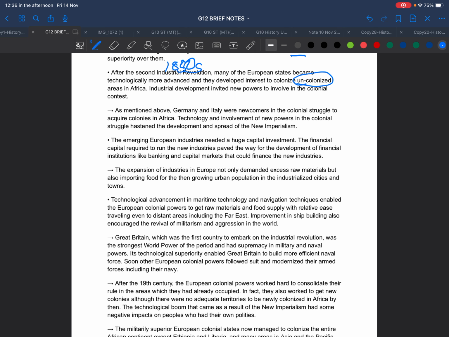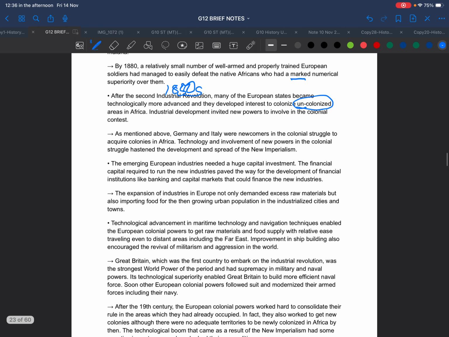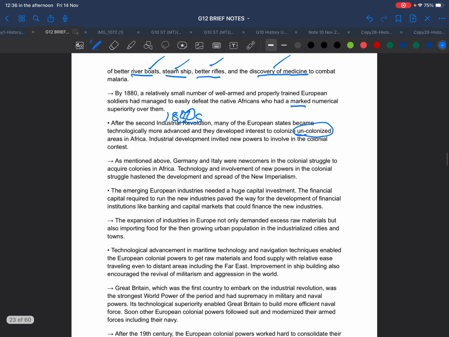Because the Europeans were technologically more advanced and developed interest, together with the things mentioned here, these cases brought them to Africa.